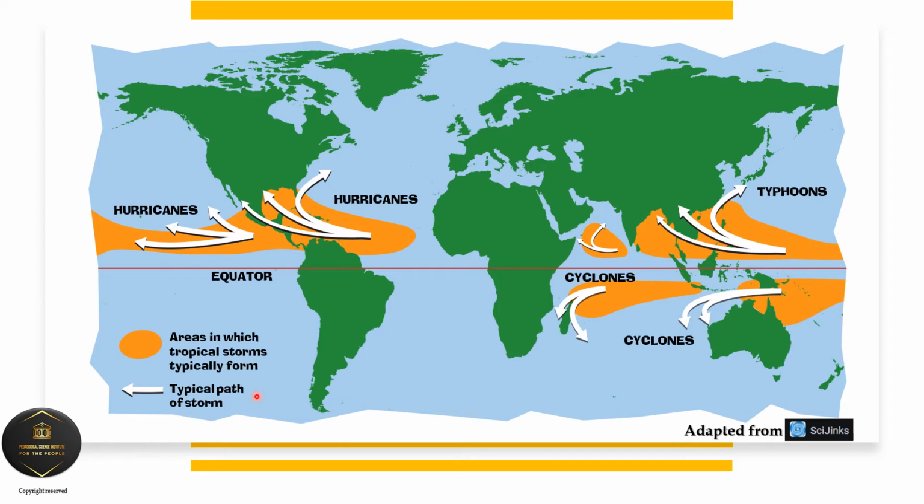The white arrows are basically showing us the typical pathway of this tropical storm or tropical cyclone. And if we look at these in our map over here, we see that the general movement of the systems is from that direction going into that direction.